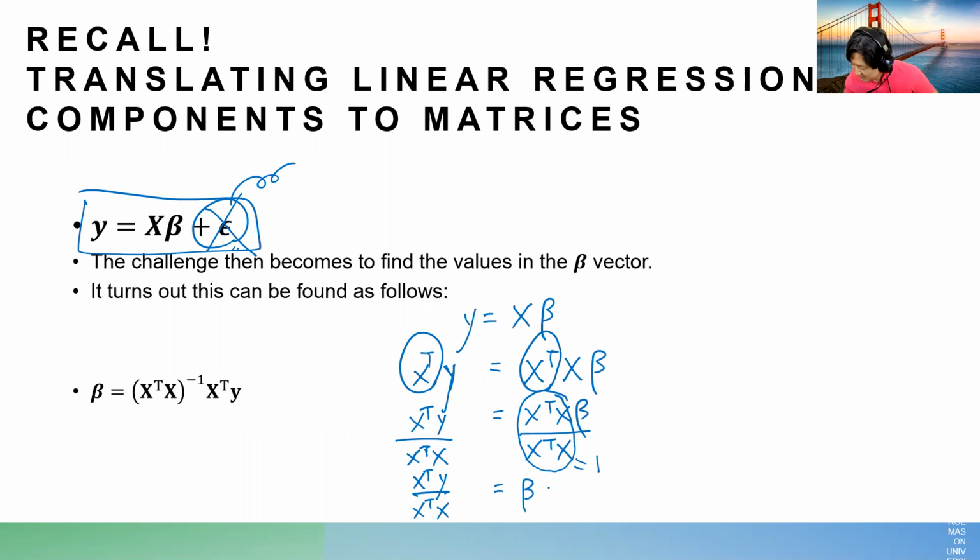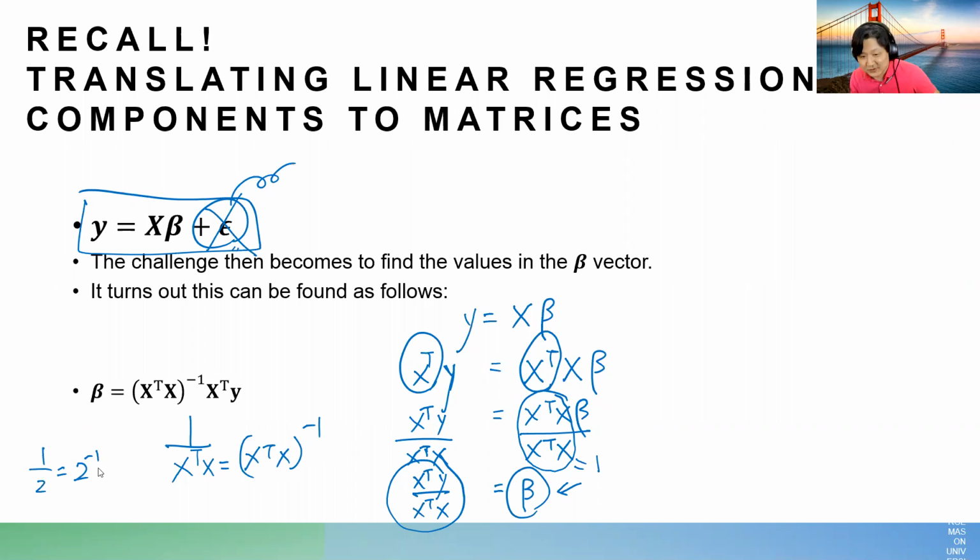This beta is a coefficient vector, right? So this is X transpose X, inverse. Do you follow this relationship? Like 1/2 is 2 inverse, the same thing.